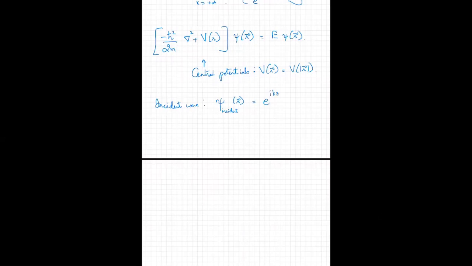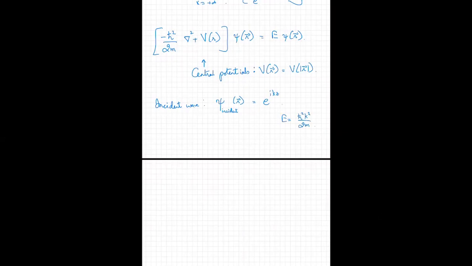Okay, so again we can do this with wave packets, but our results are quantitatively the same, so we will use this simple non-normalizable wave function. Of course, the energy of this particle is h bar square k square over 2m, where m is the mass of the particle that is being thrown at this potential.